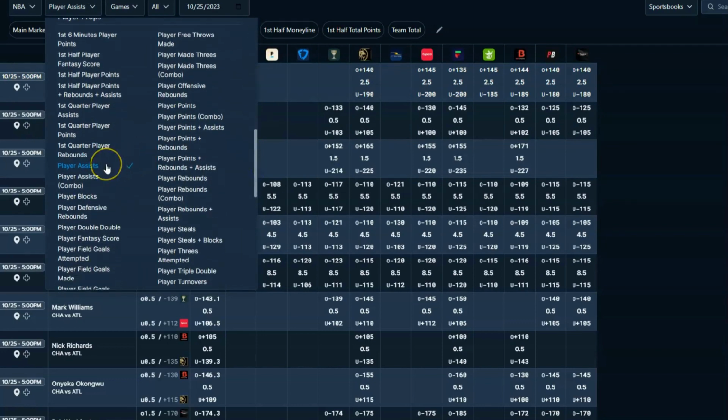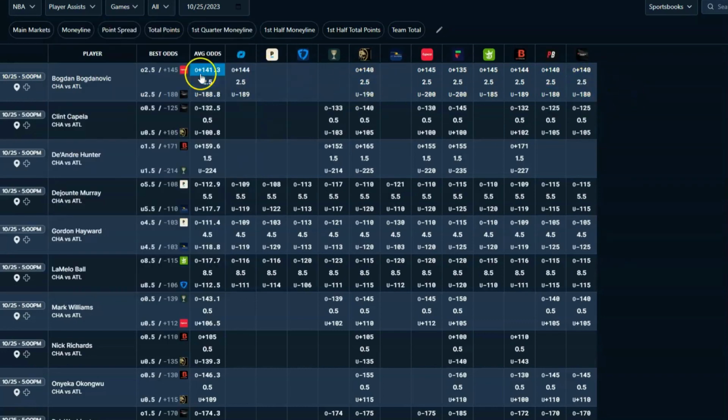So here, this one is on player assists, and we open this up, and you can take a look at the players here on the left-hand side, the best odds, and then of course over here the other sports books that we're getting the data from on this particular situation. So again, you can find some scenarios where it makes a lot of sense to go through and put some of these together, maybe on Prize Picks, put together some of these on Underdog Fantasy.